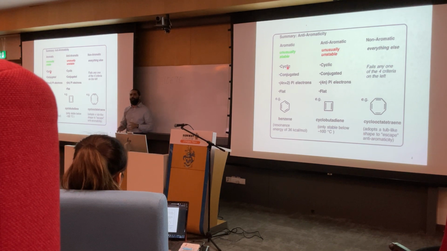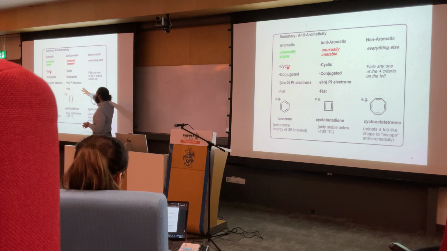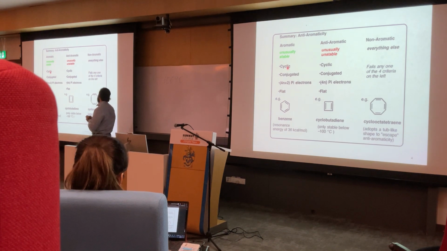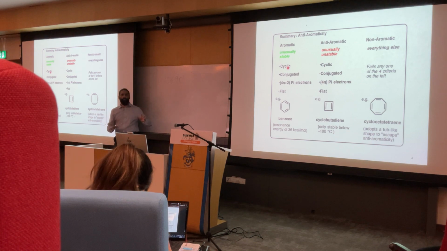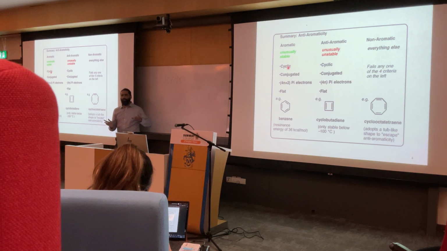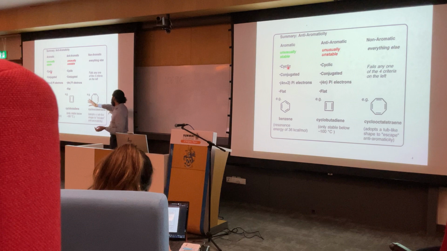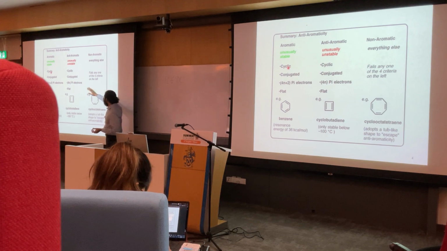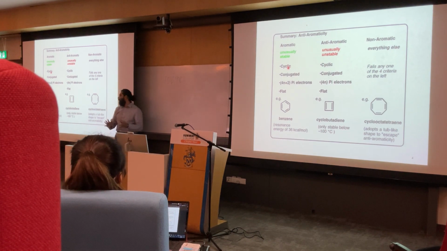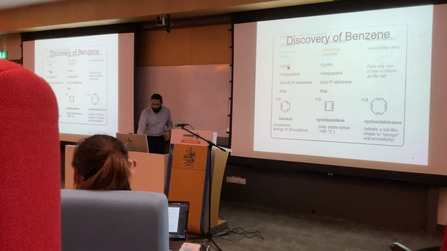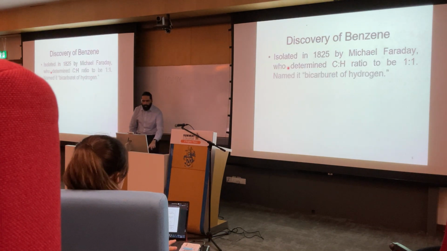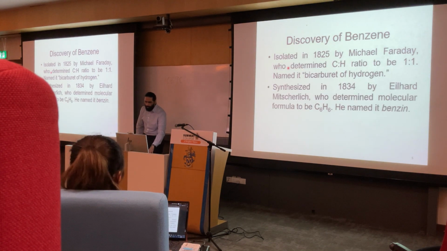But it's important to note that aromatic compounds are super stable. And nature makes a lot of aromatic compounds. Those are also very, very important. Against them are anti-aromatic compounds, which are not stable at all. Now the most important aromatic compound is of course benzene.